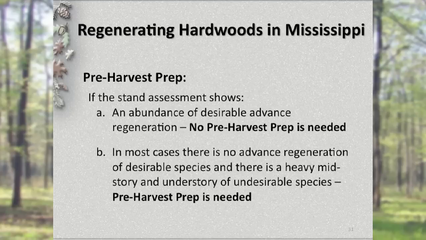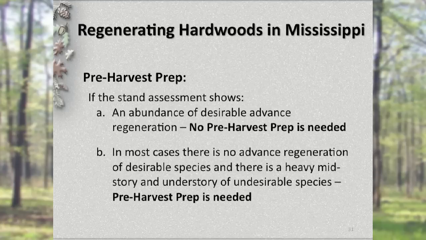Well, for our pre-harvest preparation, we have to look at our stand assessment. If there is an abundance of advanced regeneration of desirable species, we have no need to do any pre-harvest site preparation.